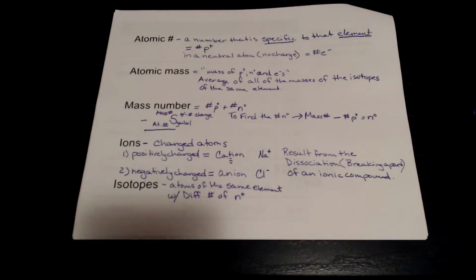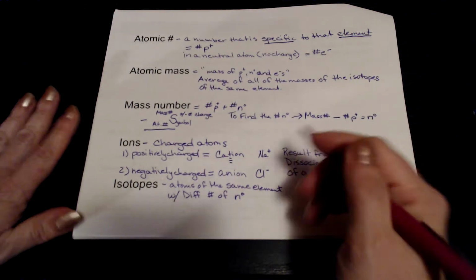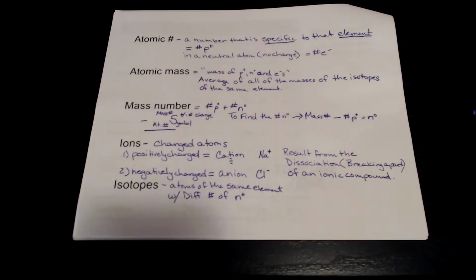Oh, I know one thing we forgot, and it's going to become important in a second when I ask you about the difference between isotopes and ions. I'm going to write it in a different color because I did forget it. One thing we forgot when we were talking about ions is how they become charged.